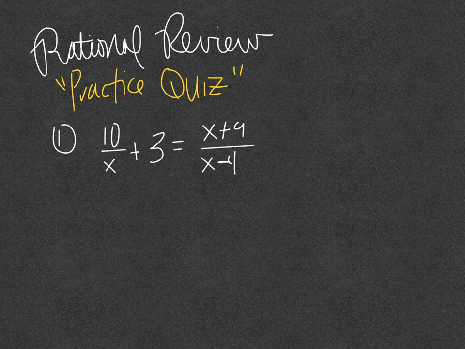I think that generally you guys have felt most comfortable with getting common denominators. So I'm going to put a 1 underneath that 3. On the right side of the equation, I can tell that this side is going to need an x. And on the left side of the equation, the first one is going to need an x minus 4.